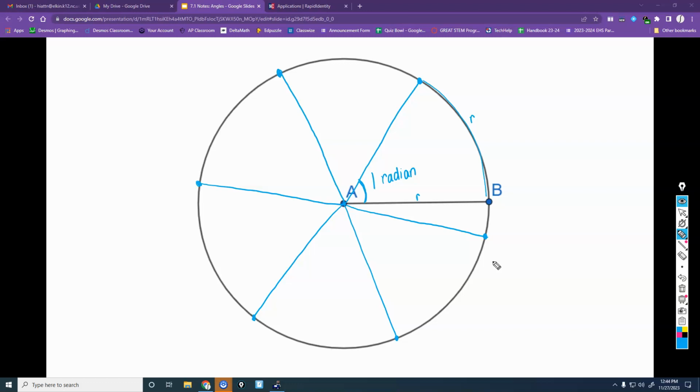Now it does not matter what size your circle is. The circle that I drew up here is a different size than the circle that is on my screen. The circle on my screen is a different size than the circle that's there on your paper. I thought about giving you guys several different size circles, but decided it would take way too long to do that. But usually in pre-cal we do different size circles also.